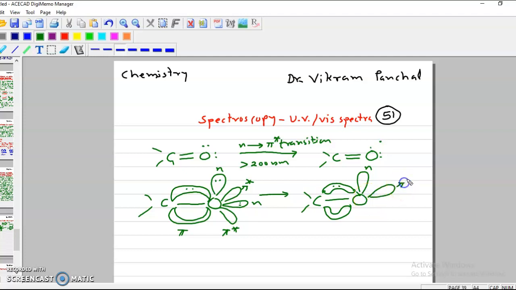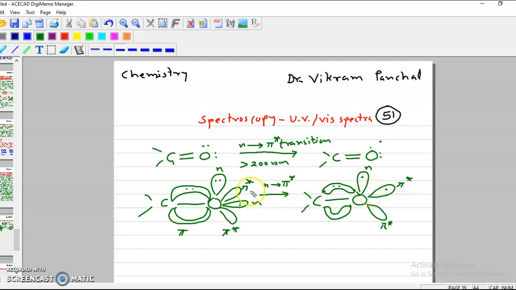Now, here you can see that the planes of the n orbital and pi star orbitals are different. So here the transition occurs from one plane to another plane. Only one electron is left over here and one electron is transferred to the pi star orbital. Okay, so this is called n to pi star transition, and here symmetry changes.